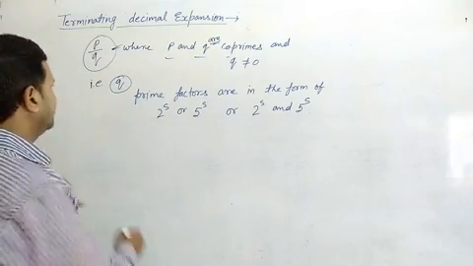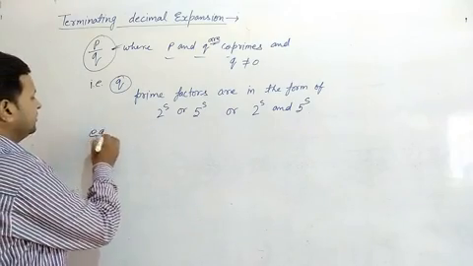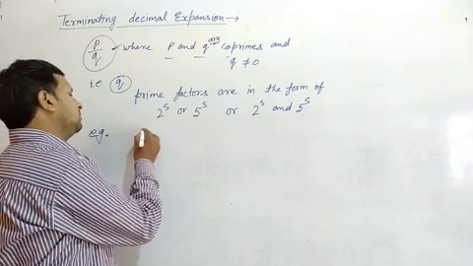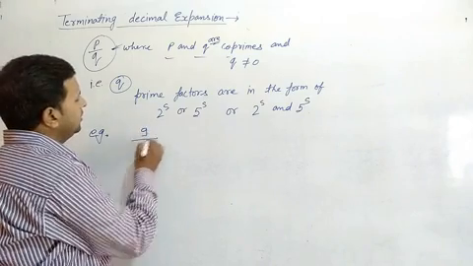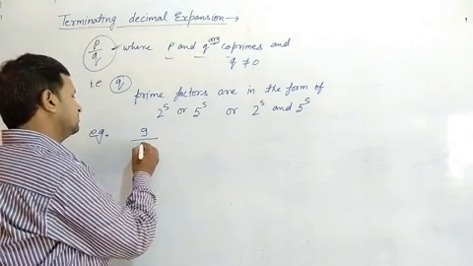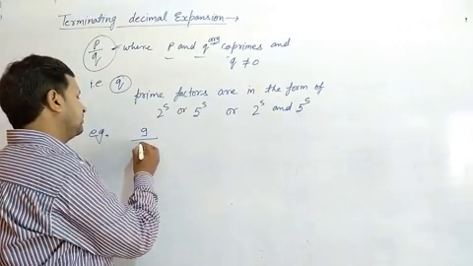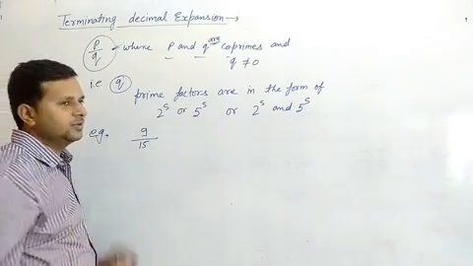For example, we see here, suppose that 9 upon 15.